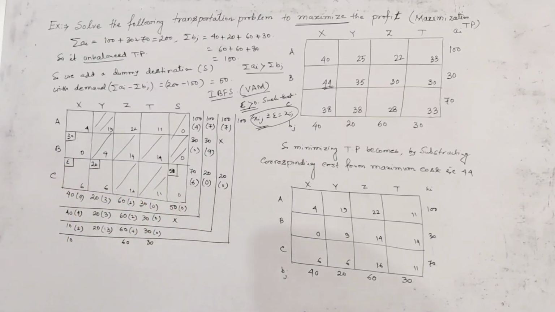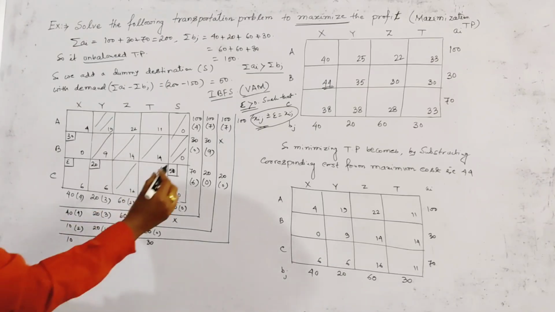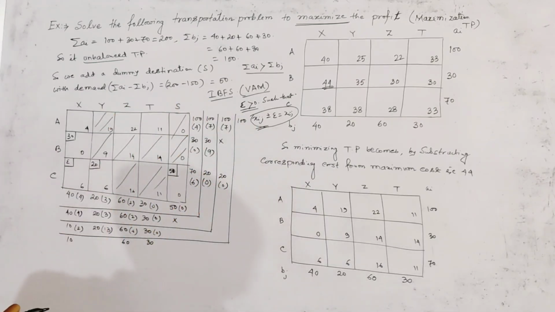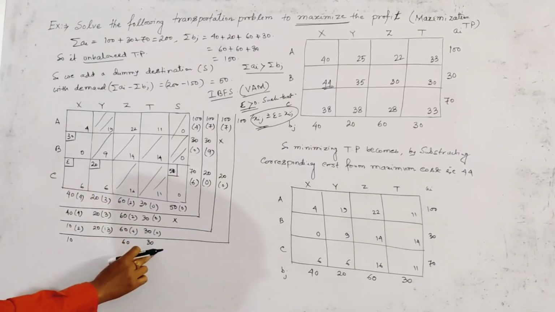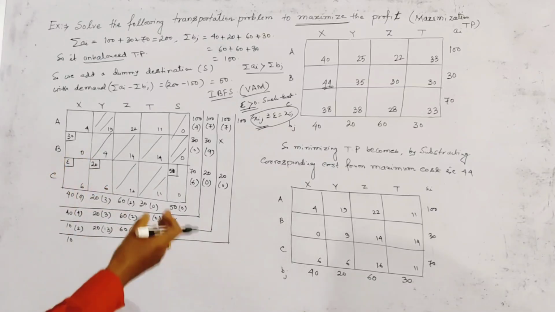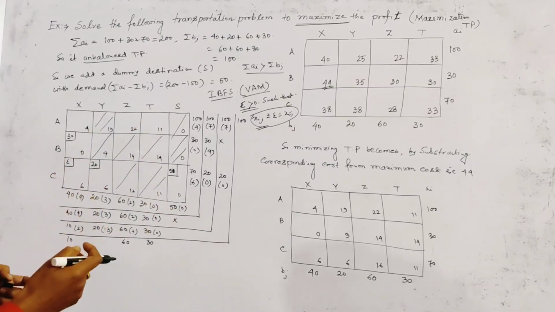Okay. Now it is clear that in the next table there will be only one row with capacity 100 units, and also 3 columns remain, with demands 10, 60 and 30, that is 100. So there will be no option to calculate any type of penalty.